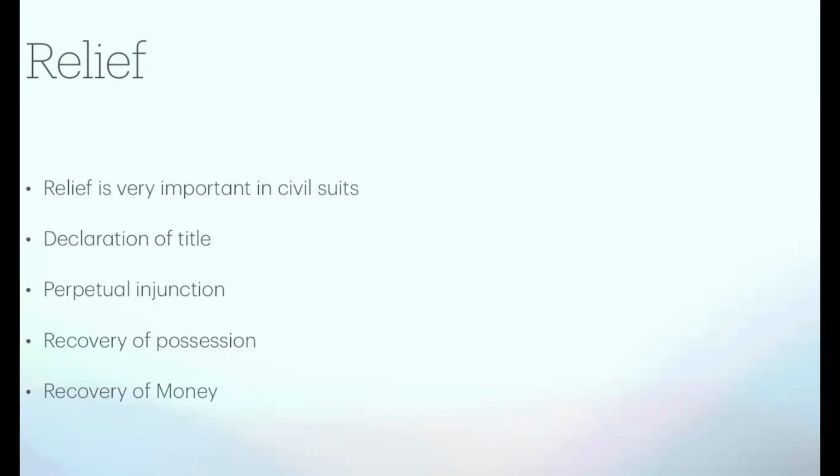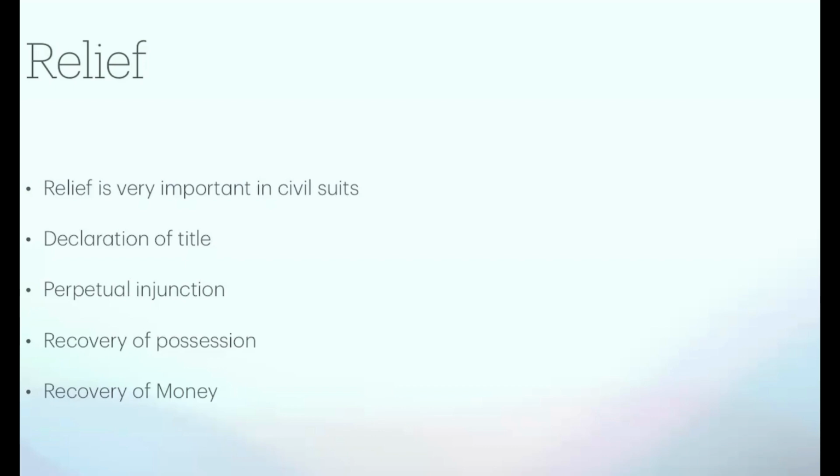In that case, we can file for a perpetual injunction so that those persons do not enter your property, and we can get relief from the court. For that perpetual injunction, we have to pay some amount. So based on the relief, the court fee will vary.